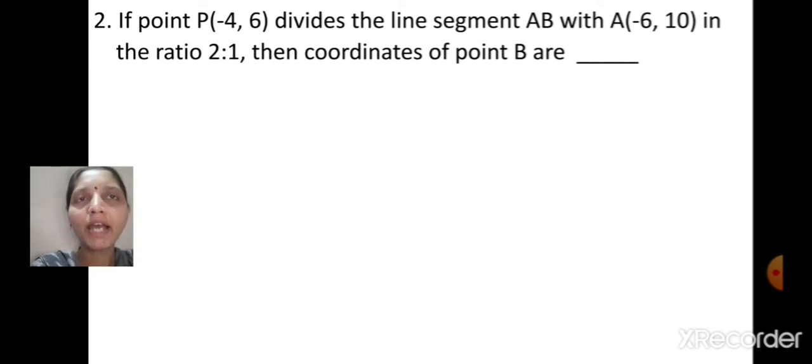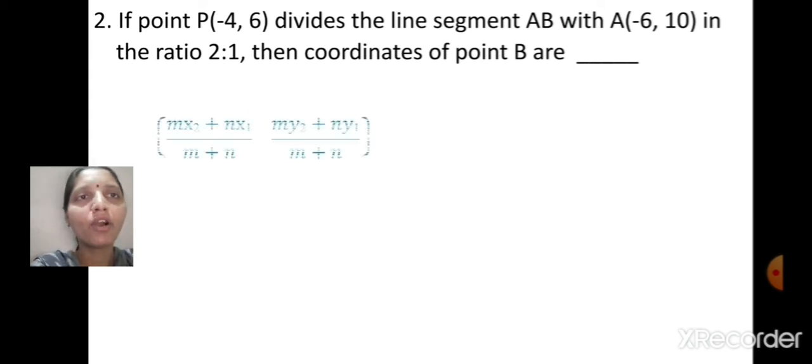If point P, which has coordinates (-4, 6), divides the line segment AB, where A has coordinates (-6, 10), in the ratio 2:1, then the coordinates of point B are. Okay, now here this point P divides line segment AB in the ratio 2:1. That means which formula do we have to use here? Yes, the section formula.